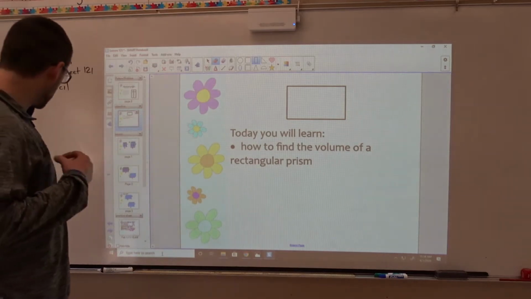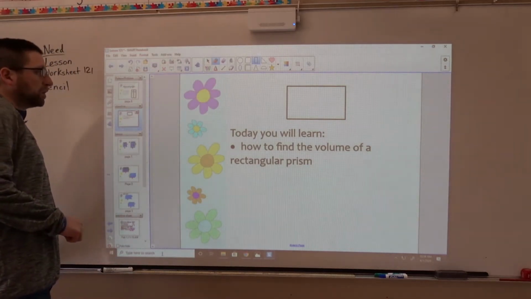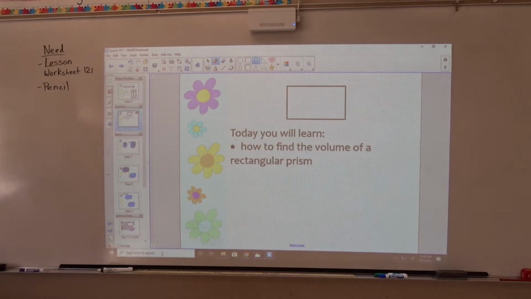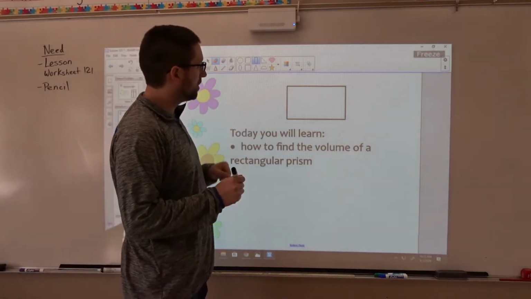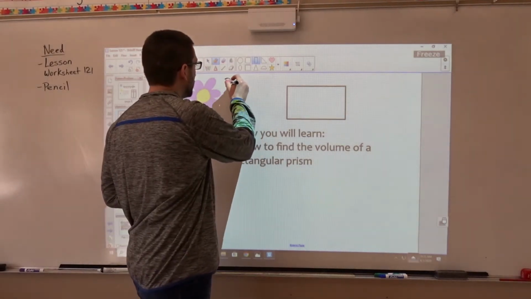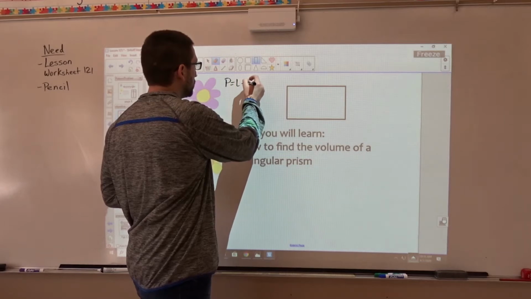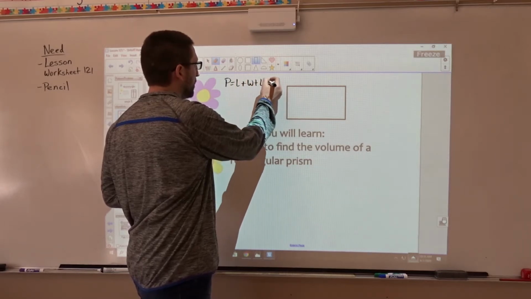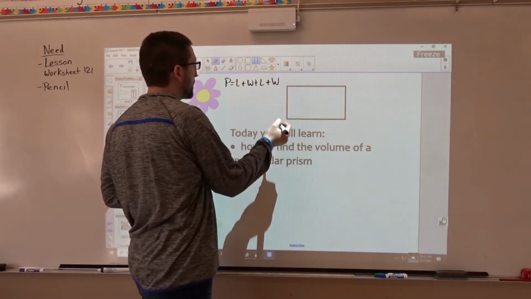So before we get started, I want to quickly review how to find perimeter and how to find area, because volume is going to be the next step on that. So let's find perimeter. Let's say I've got a rectangle here and I want to find the perimeter. Remember, for perimeter we do length plus width plus length plus width.